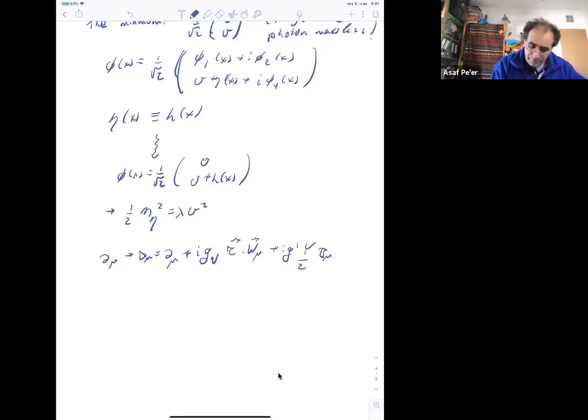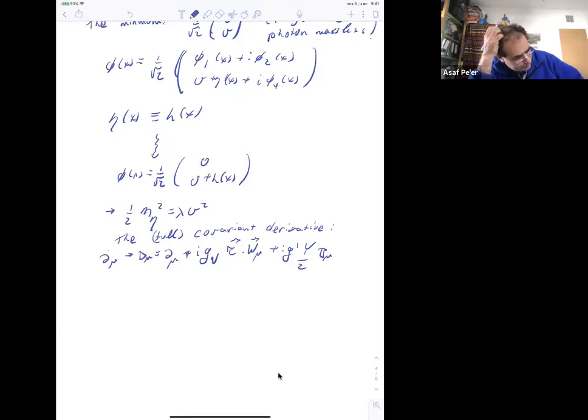This is the full covariant derivative; just go back to the part that we did in the weak interaction.